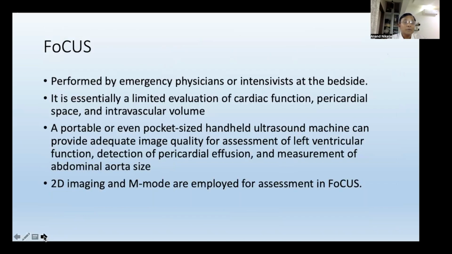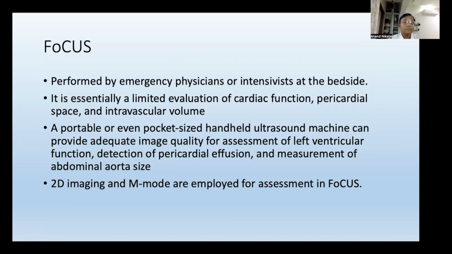So let us talk of focused cardiac ultrasound. Focused cardiac ultrasound is not the echo done by a cardiologist, who does a detailed 2D echo in critically ill patients. It is performed by an emergency physician or intensivist at the bedside. So it's an initial screening kind of cardiac ultrasound. It is essentially limited to evaluation of cardiac function, pericardial space, and intravascular volume. So it's a very limited objective.